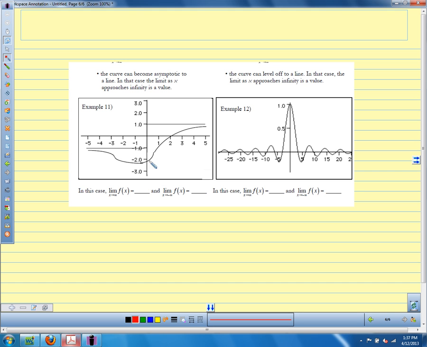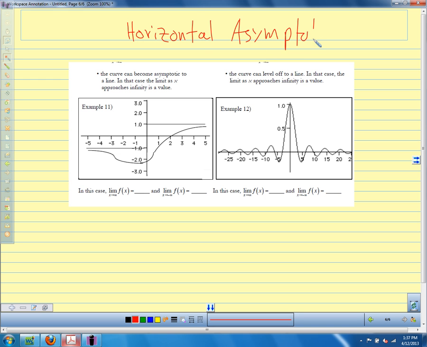And we talked about horizontal asymptotes when we talked about rational functions. So in these cases, we have horizontal asymptotes.